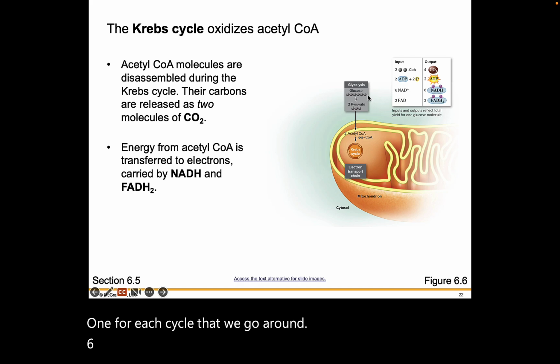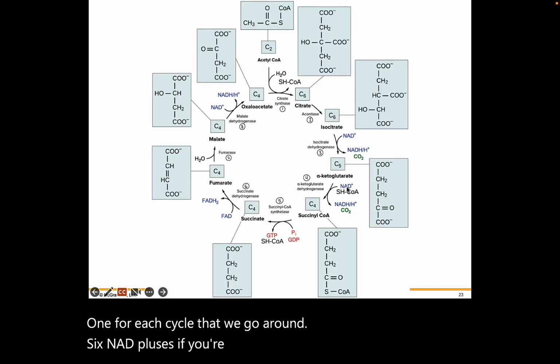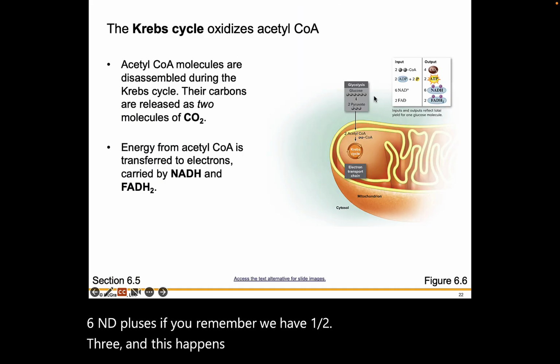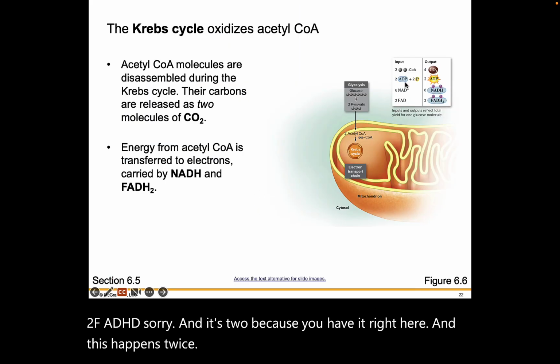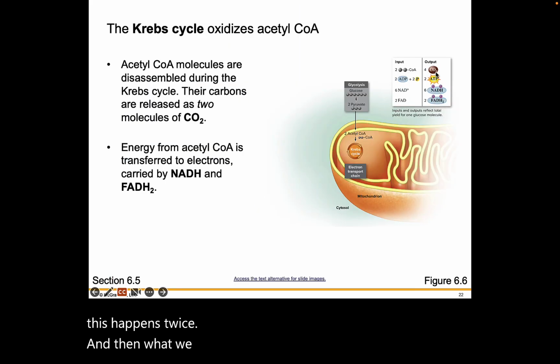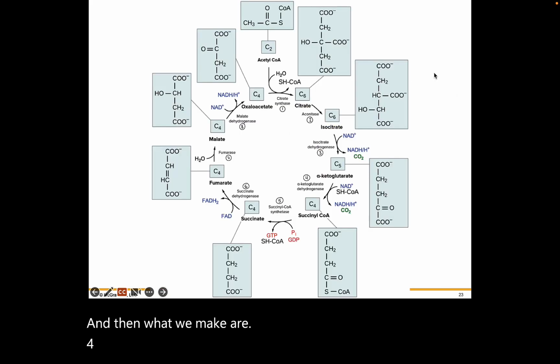6 NAD pluses. If you remember, we have 1, 2, 3, and this happens twice. 2 FADs, and it's 2 because you have it right here, and this happens twice. And then what we make are 4 carbon dioxides. Why?